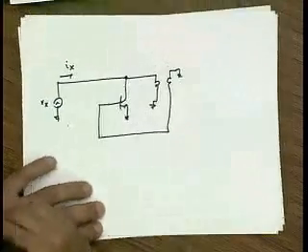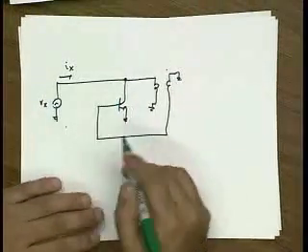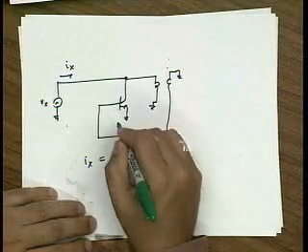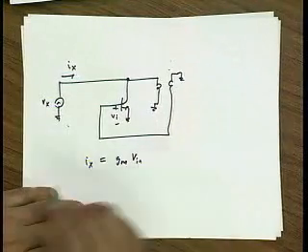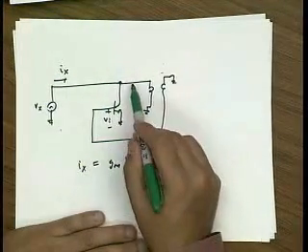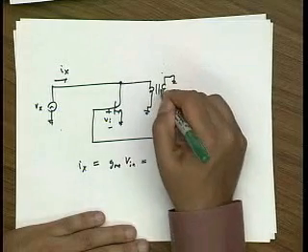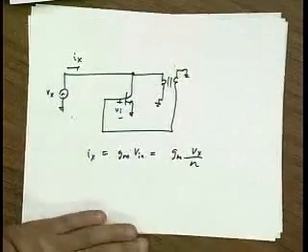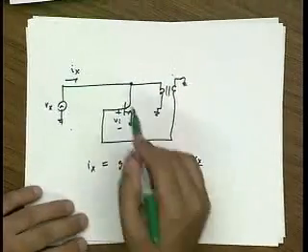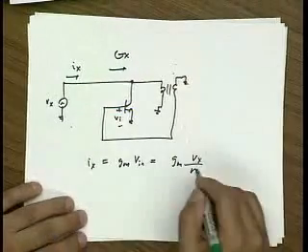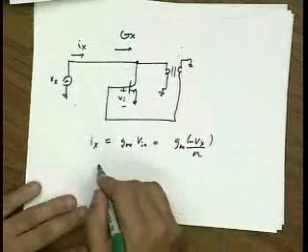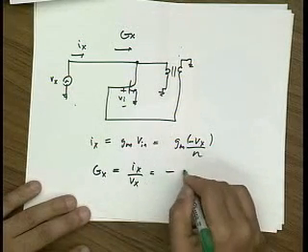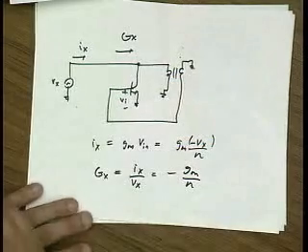And to first order, the current Ix is equal to Gm times the input, right? And the input is actually the output divided by n through this transformer, but inverted. Okay? So the conductance looking into here, so this is inverted. Then you can see that the conductance looking into the circuit, which is Ix over Vx, is minus Gm over n.